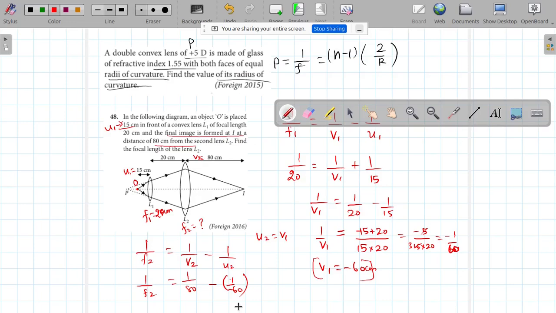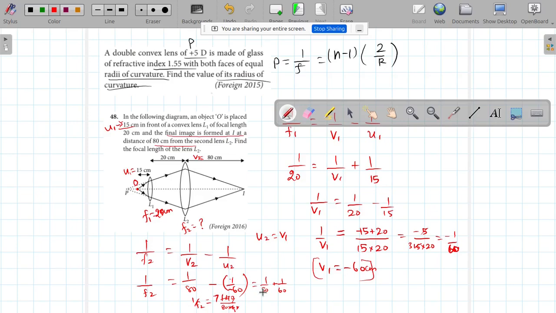Solving this, the negative gets cancelled. 1 by 80 plus 1 by 60. Taking 140 divided by 80 into 60. Zero can cancel, then 2 sevens are 3.